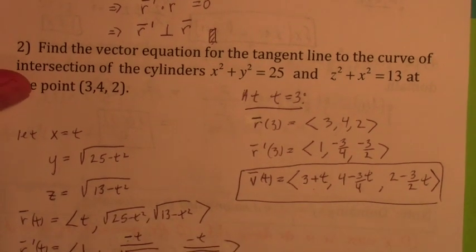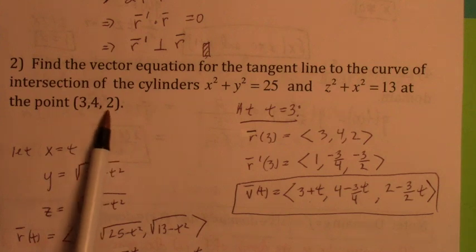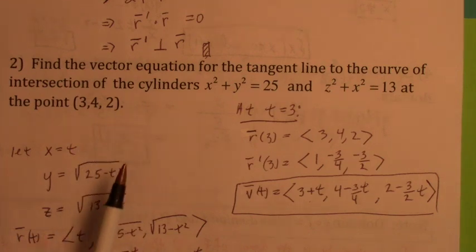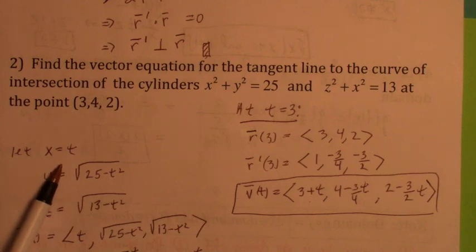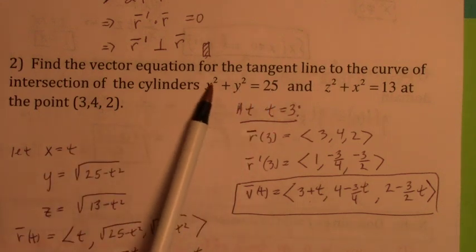What we're going to do instead is notice that we're in the first octant, so for all practical purposes, we can assume x, y, and z are positive. If x equals t, then y is plus or minus the square root of 25 minus t squared.